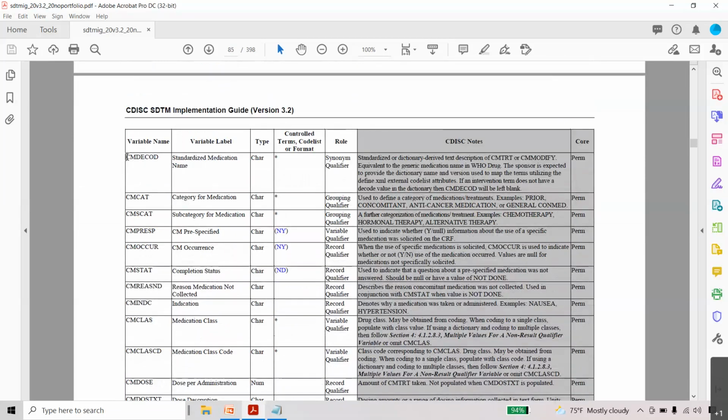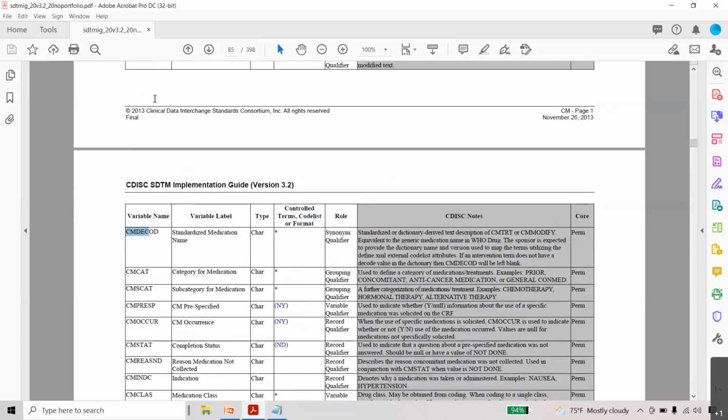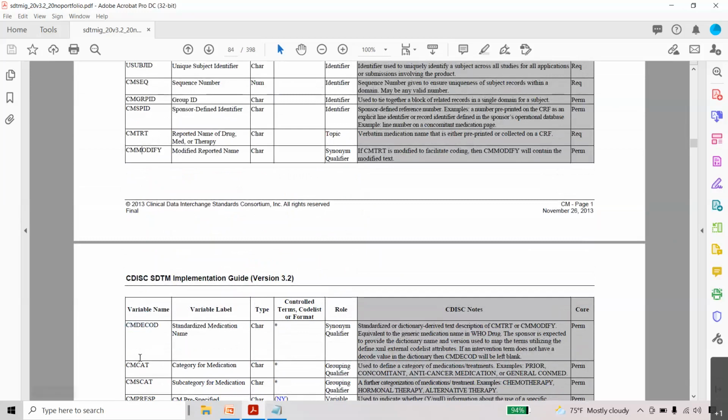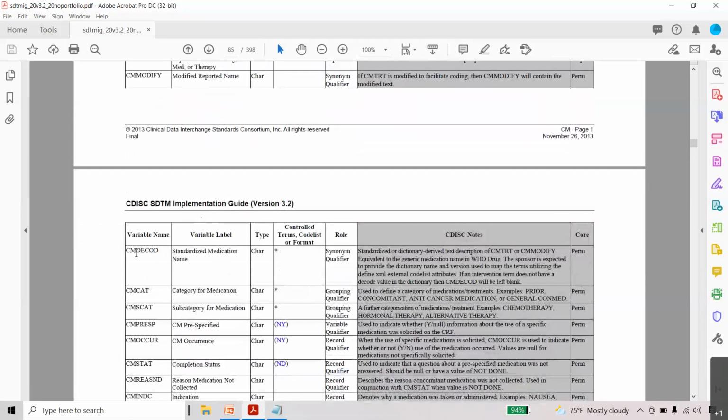Next one is CM decode. This is the dictionary derived or standardized medication name. For CMTRT, CM modify, and CM decode, you see almost similar values for a few molecules. For example, in CM decode, for aspirin, you can see it as acetyl salicylic acid.